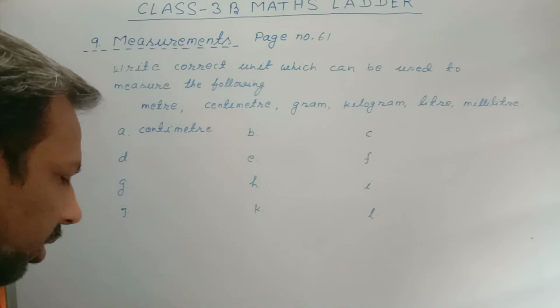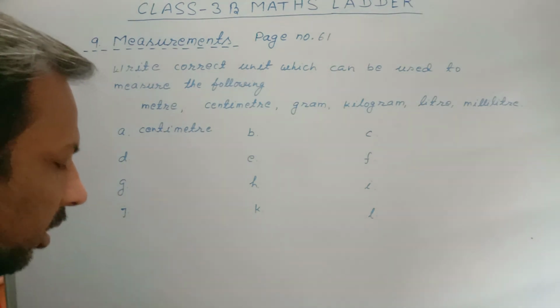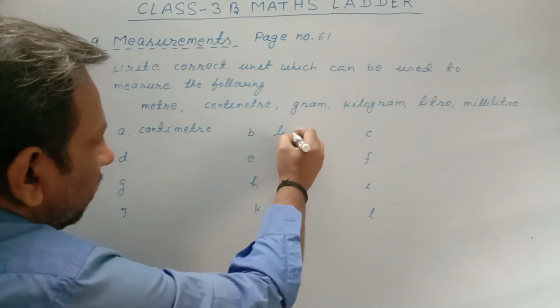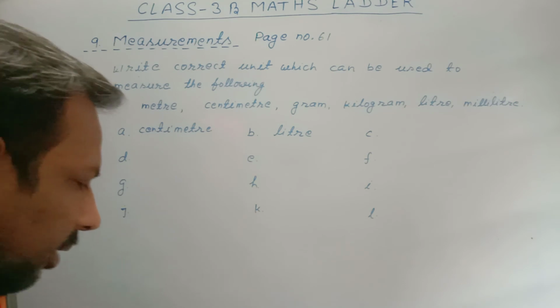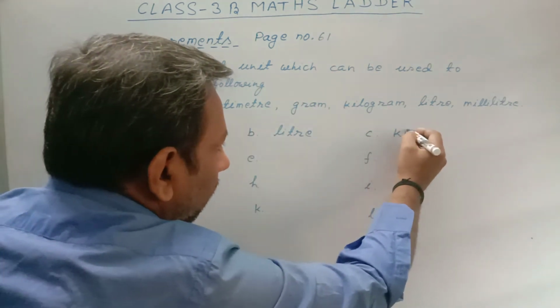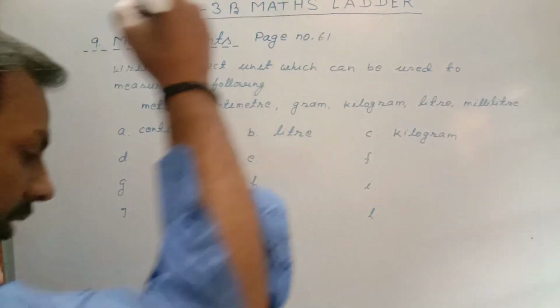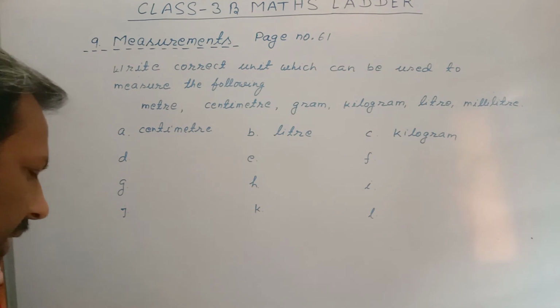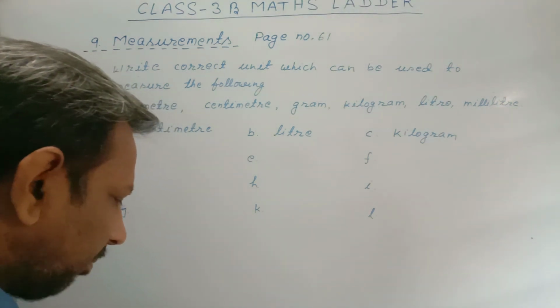Statement of question number B, quantity of water in a tub, that will be measured in liter. So we write liter. Then question number C, weight of a car, that will be measured in kilogram. Kilogram. In question number D, weight of a pencil, that will be measured in gram.